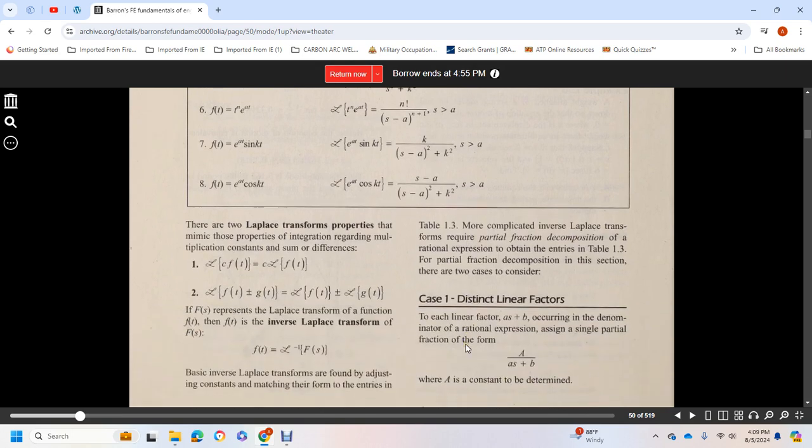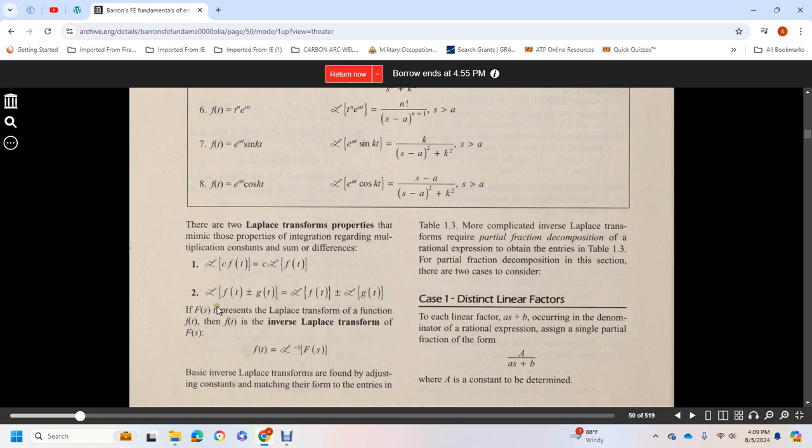There are two useful Laplace transform properties that mimic the properties of integration regarding multiplication by constants, sums, and differences. The Laplace transform of k times f(t) is equal to k times the Laplace transform of f(t). The Laplace transform of f(t) plus or minus g(t) equals the Laplace transform of f(t) plus or minus the Laplace transform of g(t).